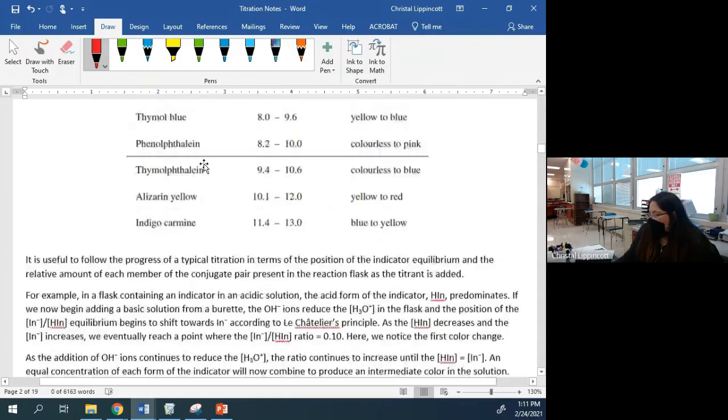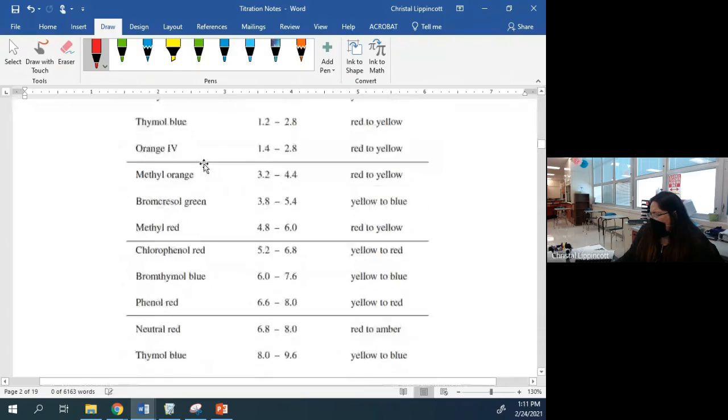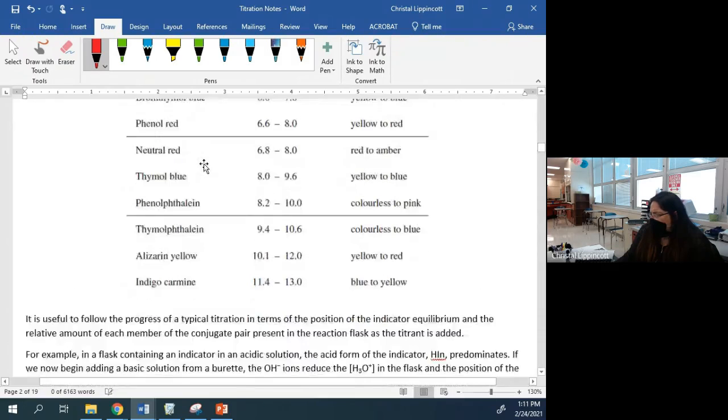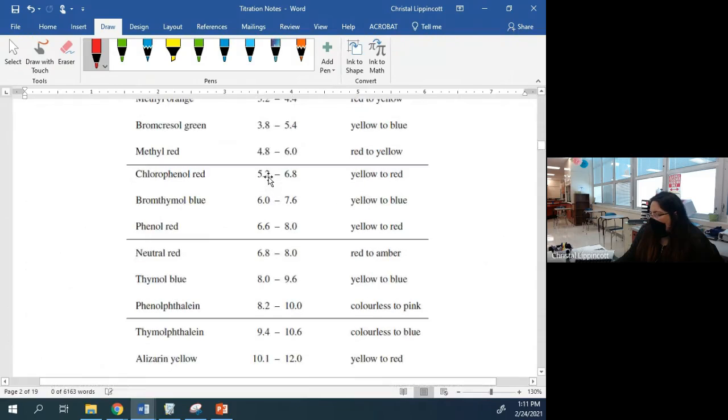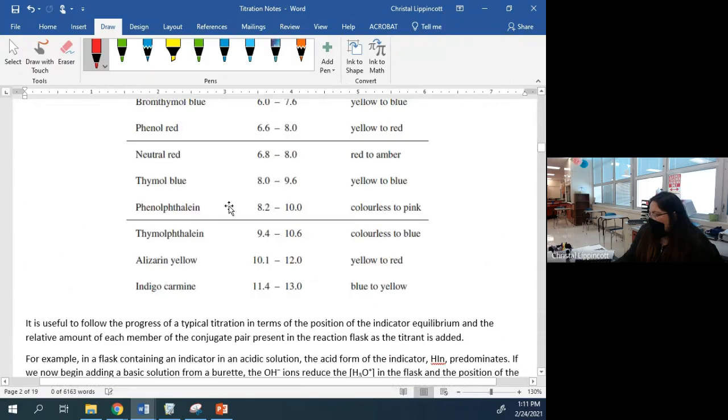So there's a lot more indicators than just these. These are just a listing of some of them, but you can see that they have quite the range here. Phenolphthalein is one that we commonly will use because it does end up with a color change. You're actually not even going to use an indicator in the lab that you're working with. You're going to use pH meters.